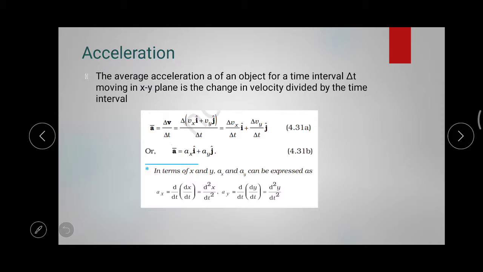So the average acceleration, we have already discussed in linear motion, but here along with that value we have to consider the two components of the acceleration. So here vector a will be equal to delta v by delta t. Delta v is actually delta of vx i cap plus vy j cap.